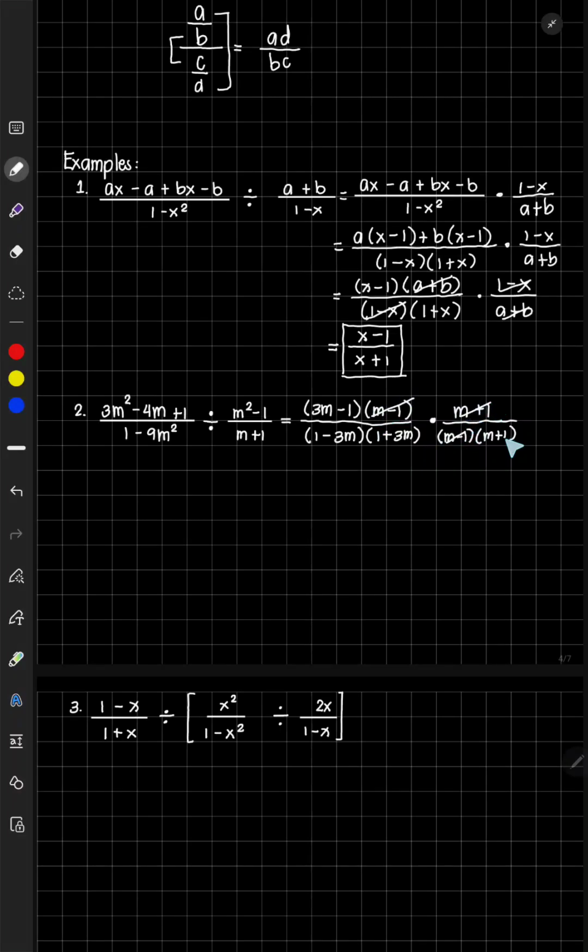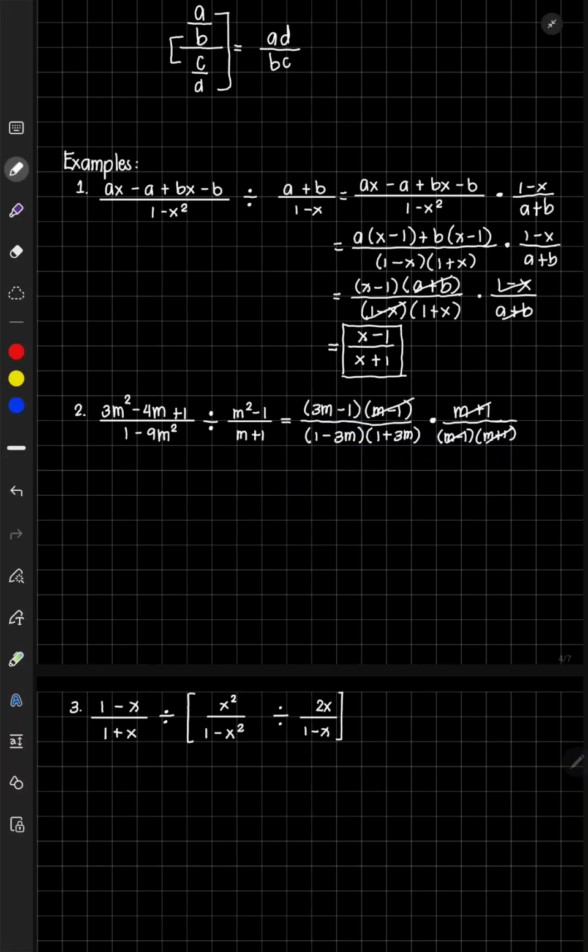We also have m plus 1 and m plus 1. So we can also cancel out m minus 1 and 1 minus 3m, but we have to rearrange 1 minus 3m to be 3m minus 1.